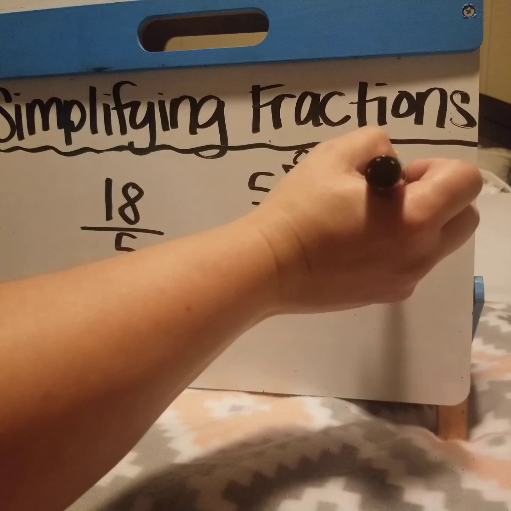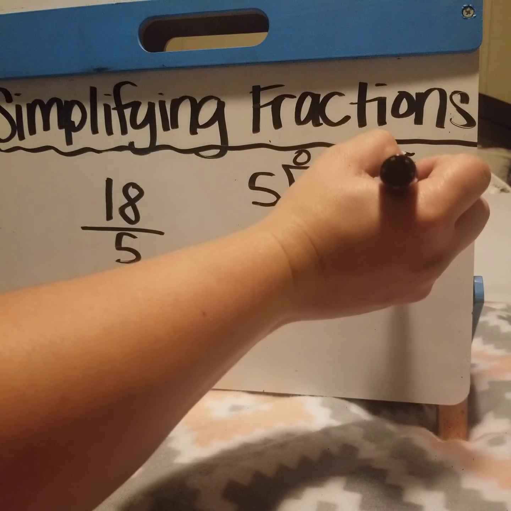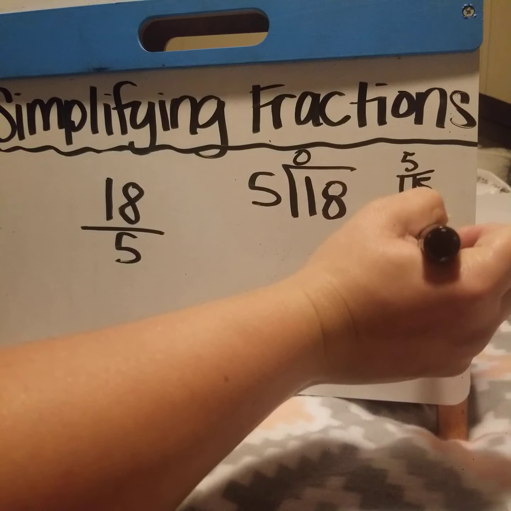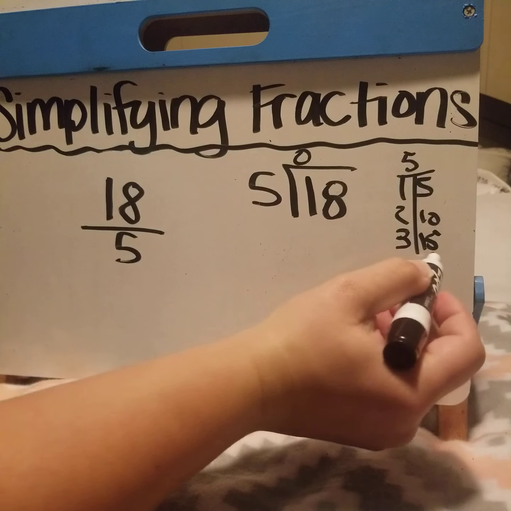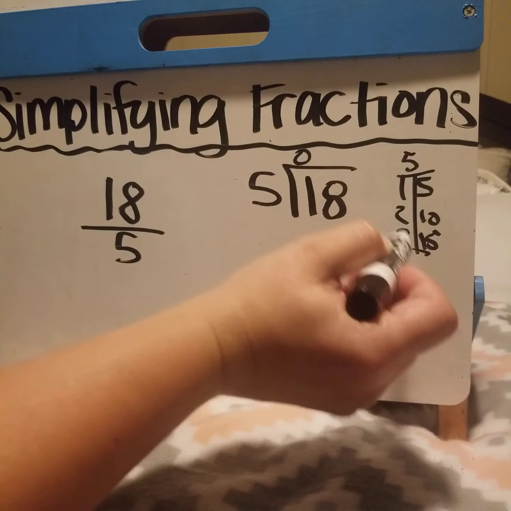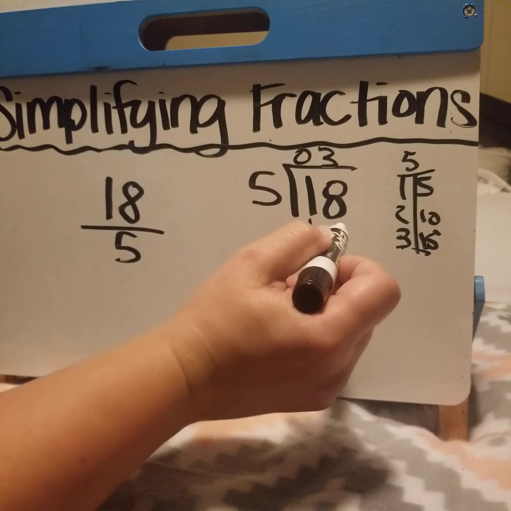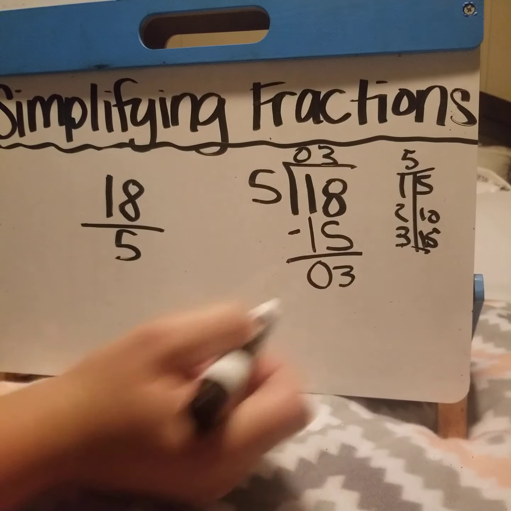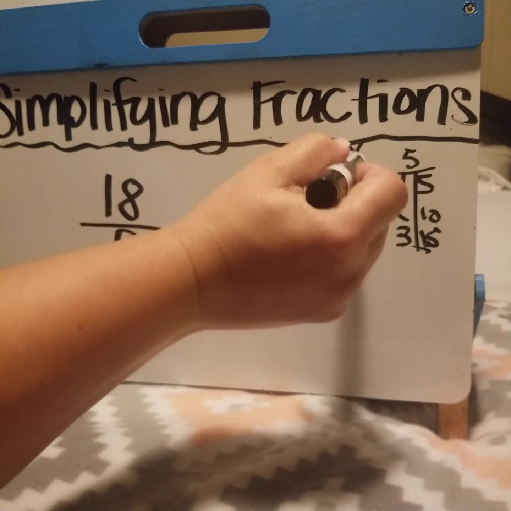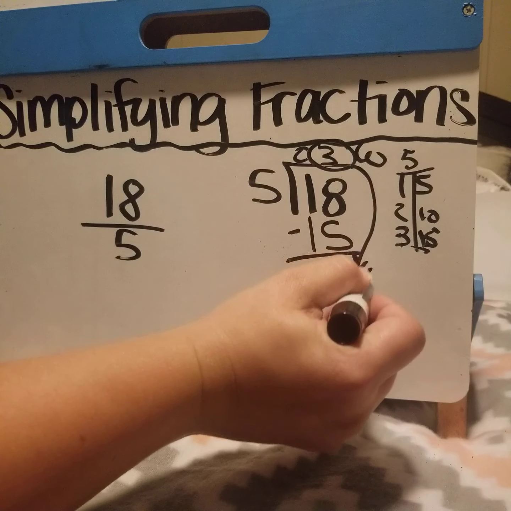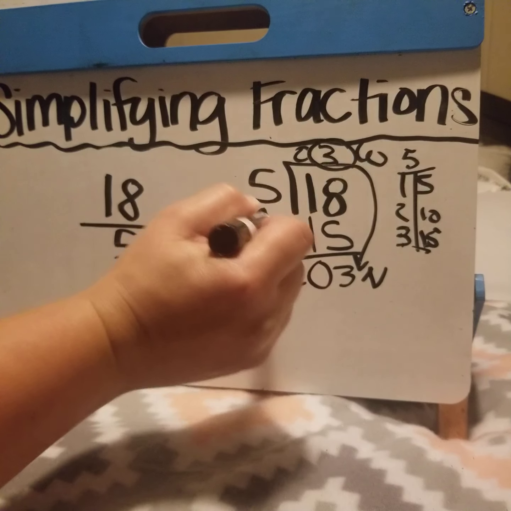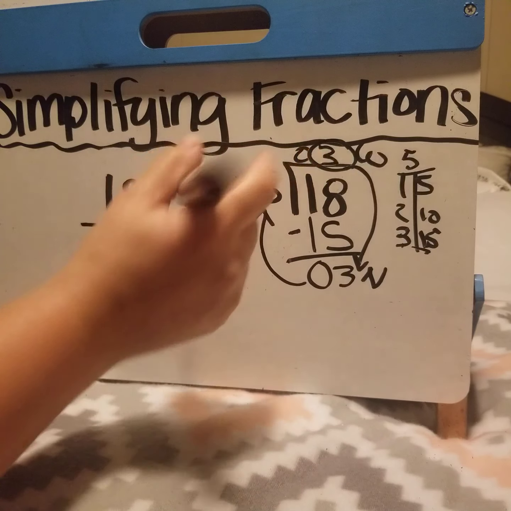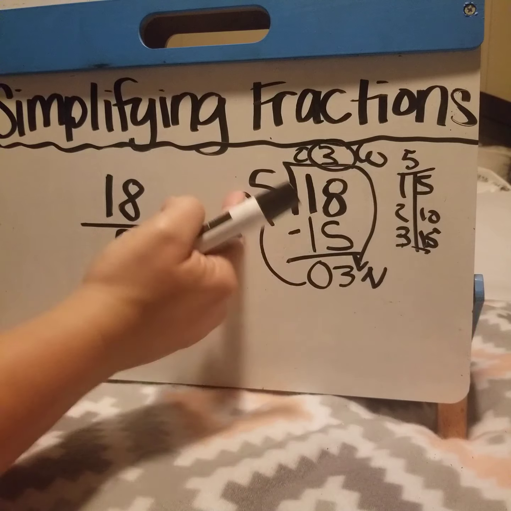If you don't know, 15 is the closest, so I would say what goes on top is 3, bottom is 15. Okay, so 8 minus 5 is 3, 1 minus 1 is 0. Number on top is my whole, remainder is my numerator, divisor is my denominator. So we're going to say that 18 fifths is equivalent to 3 wholes and 3 fifths.